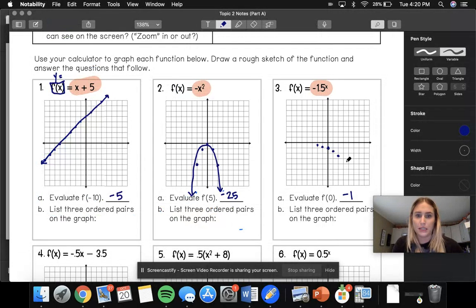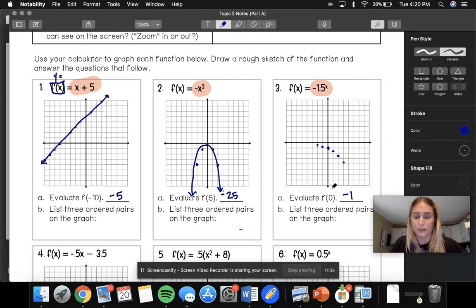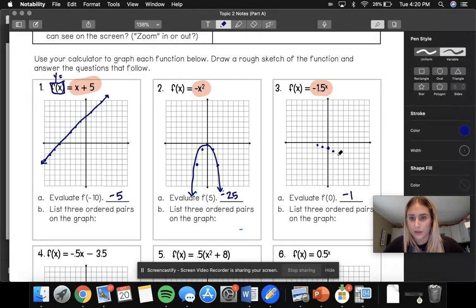For 3, we get negative 3.37. So that one's not the best. More like right here. Okay. Oh, that would be 2.